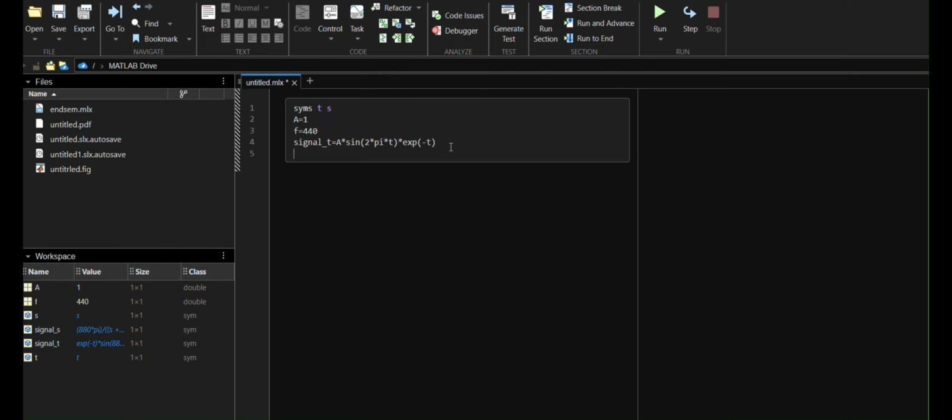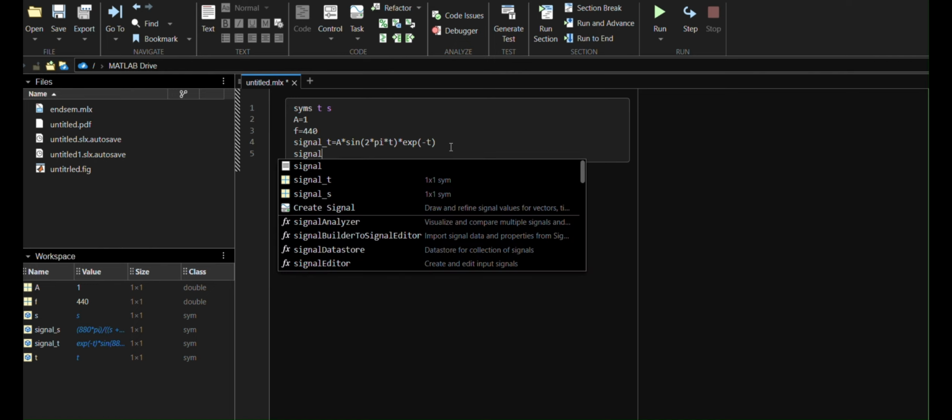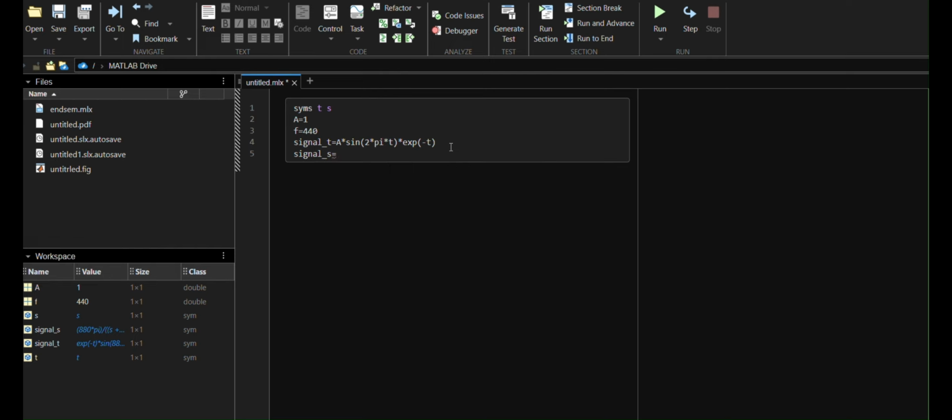Now this time domain signal is converted into the S domain signal, which is the complex signal. In MATLAB we can easily convert a time domain signal to an S domain signal by using the inbuilt function Laplace. So the signal S, the complex signal, is obtained using the inbuilt function Laplace.